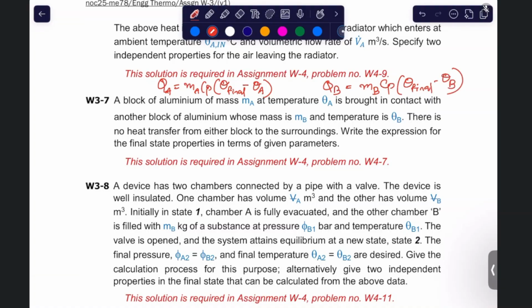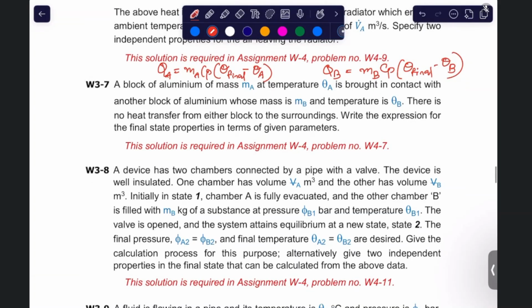So if you equate Qa equal to Qb, that's it. Theta final will be in terms of Ma, theta A. It's the same material, so Cp will be constant and will cancel out.